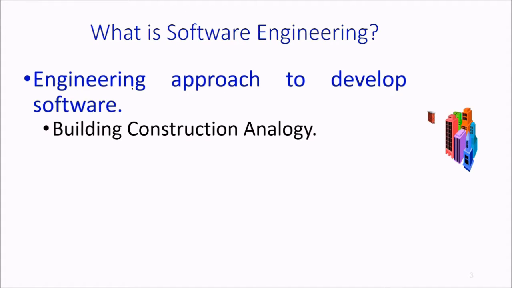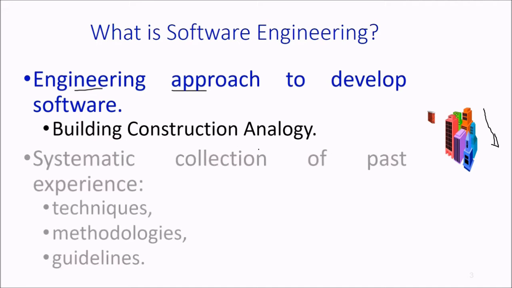Software engineering is an engineering approach to develop software, like the building construction analogy. If we try to construct a building, there are certain steps involved; there is a whole engineering behind it. Software engineering is like that only. It is an engineering approach to develop software.